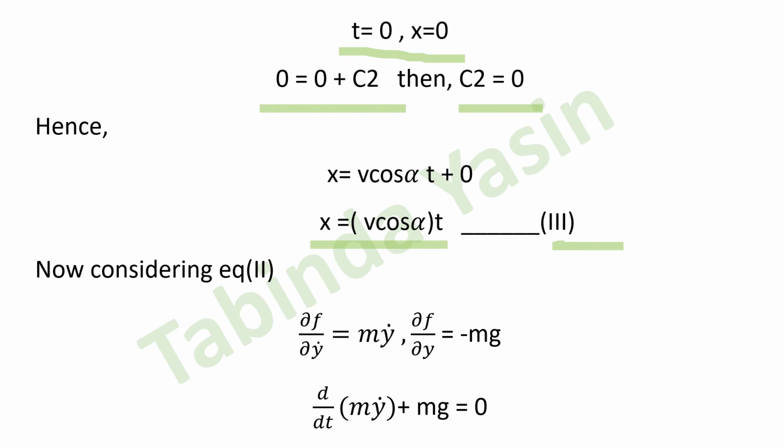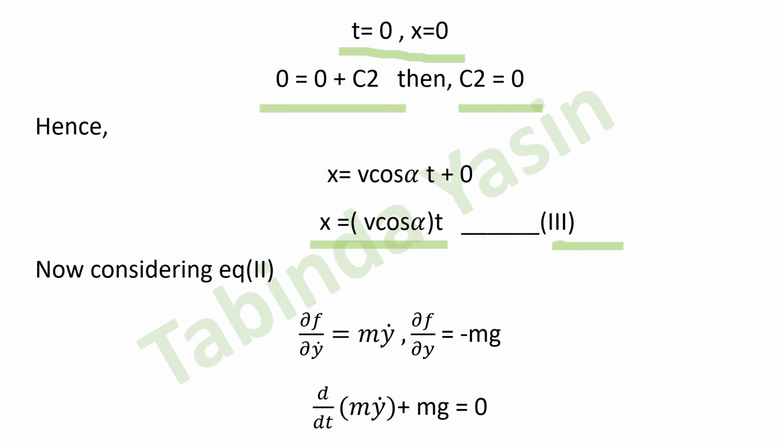That gives equation number 3. Now considering equation number 2, partial f over partial y dot is equal to my dot, and partial f over partial y is equal to minus mg. From equation 2, we got the value of partial f over partial y dot, that is my dot, and partial f over partial y is equal to minus mg.